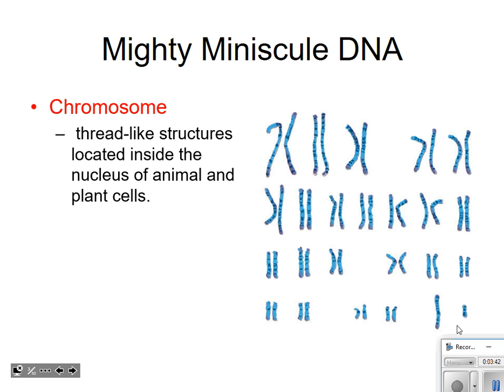So this is the karyotype of a male, because we can see the X right here and the littler Y right here. So this is a male karyotype that has the 23 pairs of chromosomes that we have as human beings. So why don't you go ahead and glue the chromosome into the correct spot of the front page of the mighty minuscule DNA.